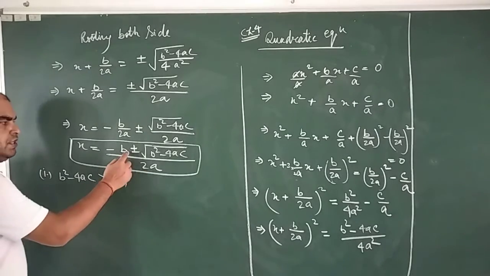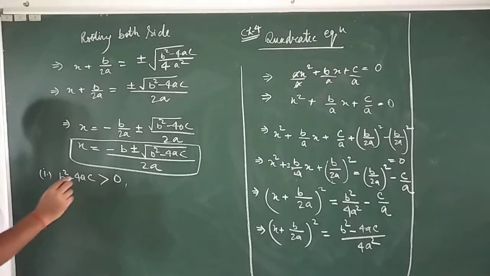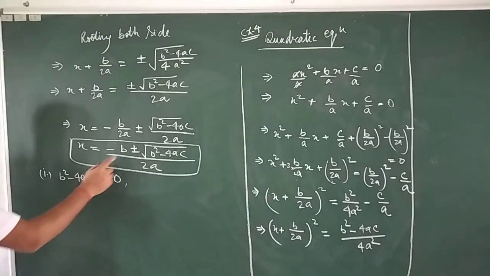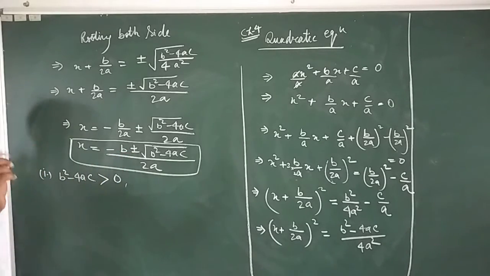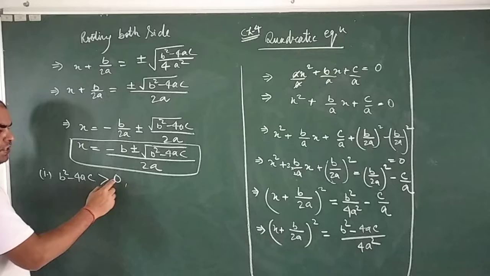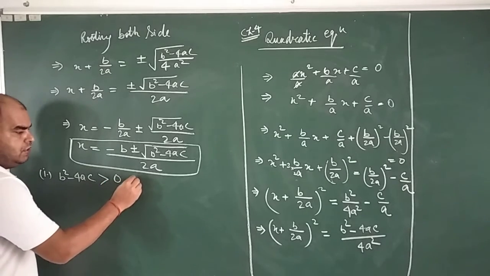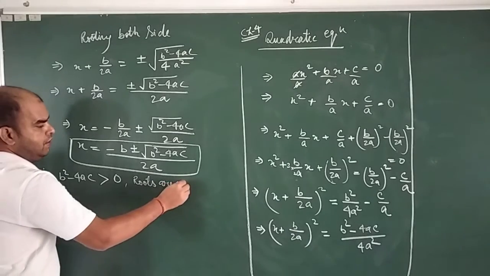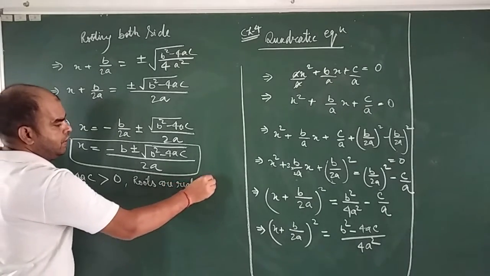So in this condition, the values of x will both be real but not equal because there is a plus minus sign. So if b square minus 4ac is greater than 0, then roots are real but not equal.